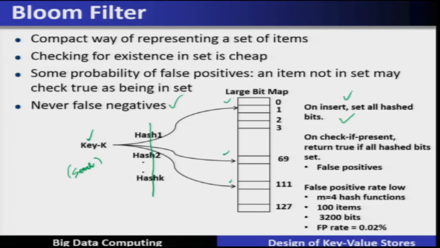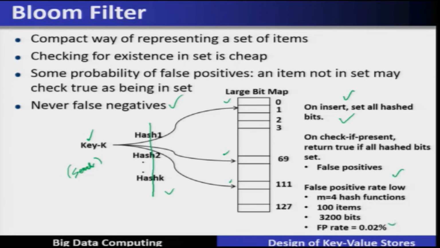So, when we insert a key, all the k bits in the large bit map will be set. And if you want to check whether it is present or not, these hash bits are checked to see if they are 0 or 1. If some are zeros, then basically it is not present, and sometimes false positives will happen, and it will say it is present although it is not.